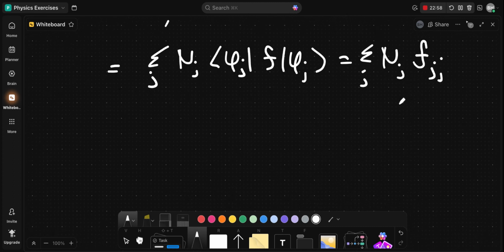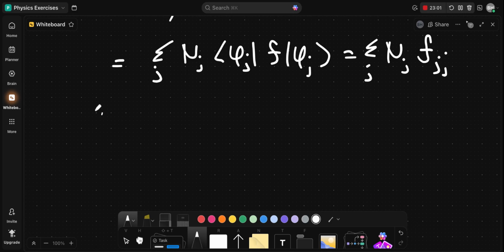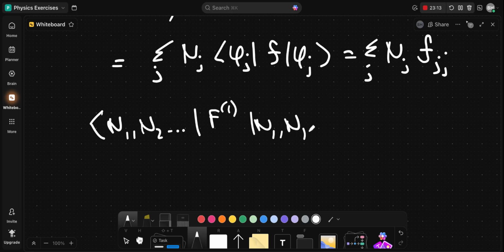Okay, so what we proved here, let me just summarize it, is that <n1, n2, ...| a one particle operator |n1, n2, ...> is equal to the sum over j of n_j f_jj.